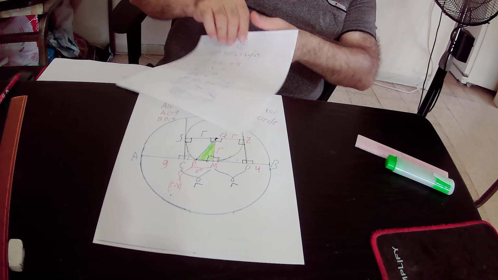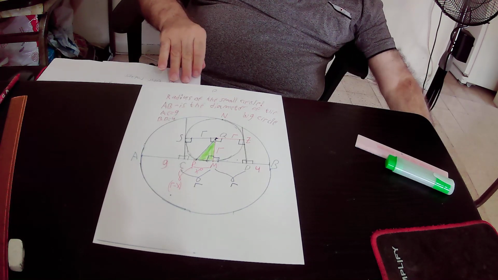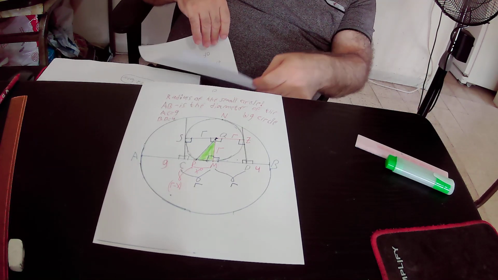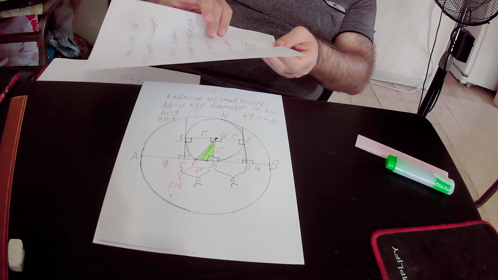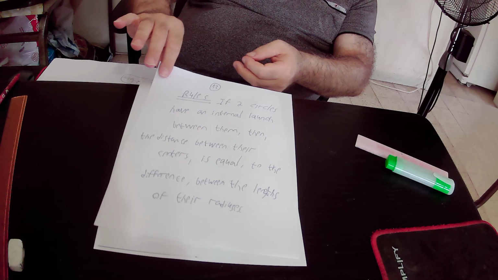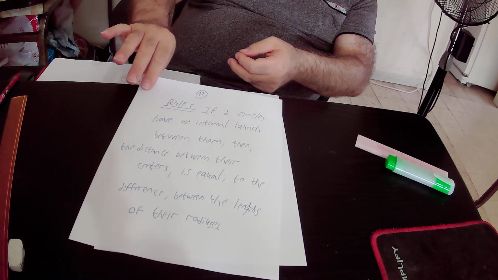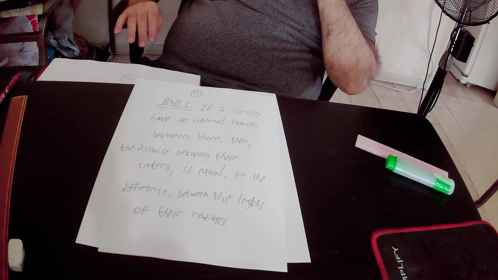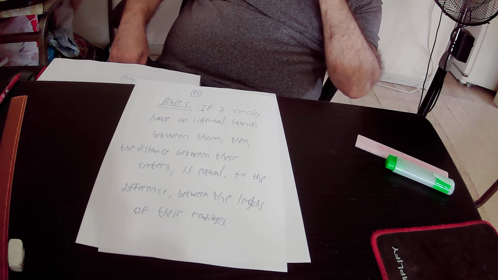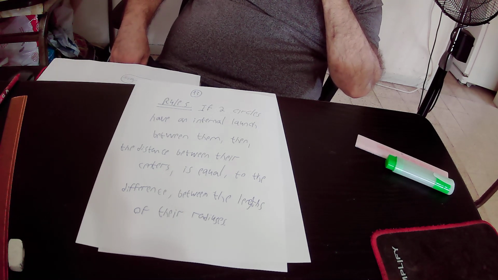Okay, in the next step I presented rule number 5 and we implemented rule number 5 on our two circles in the drawing. Rule number 5 states that if two circles touch each other internally, then the distance between their centers is equal to the difference between the lengths of their radiuses.